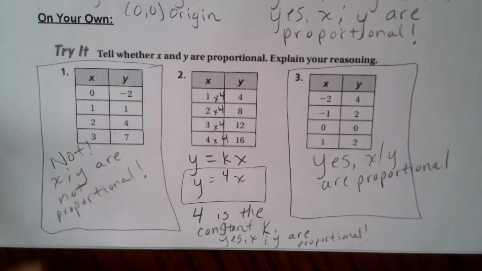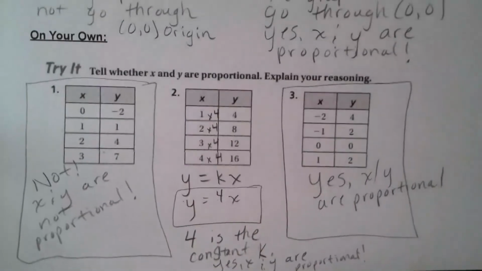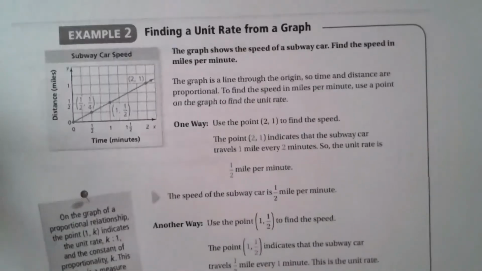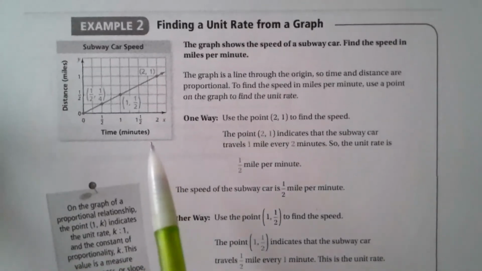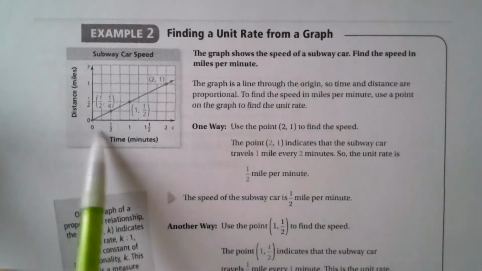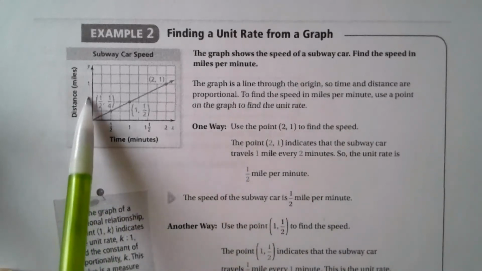Okay? All right, so remember, pause if needed, go back, look again, think it through, and hopefully this makes sense. All right, so now, finding unit rate. So instead of writing all this, I've copied it for you. This comes directly from the book. So let's take a look at this graph. The graph shows the speed of a subway car. So over time, this is the distance in miles.